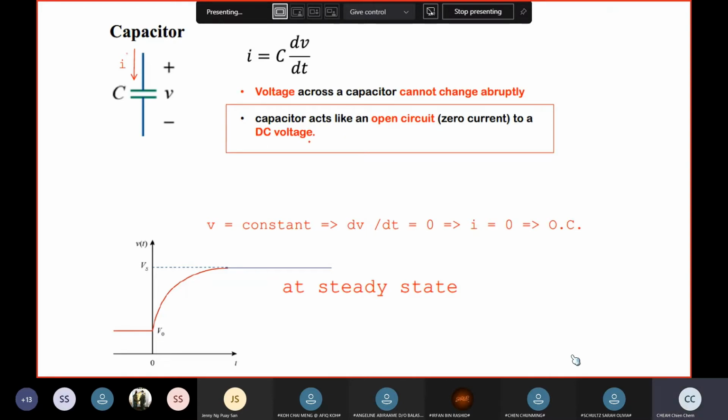Therefore, no change in voltage, even though there's a change in time. dV/dt equal to 0 means current is equal to 0. Current equal to 0 means open circuit, right? So usually you will denote it this way. It means open because no current can flow through an open terminal, right?